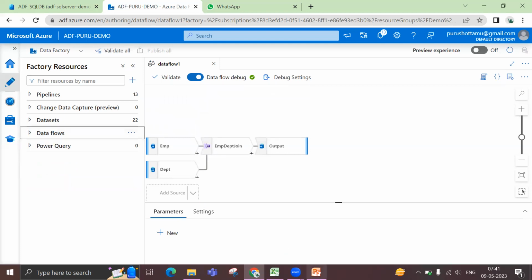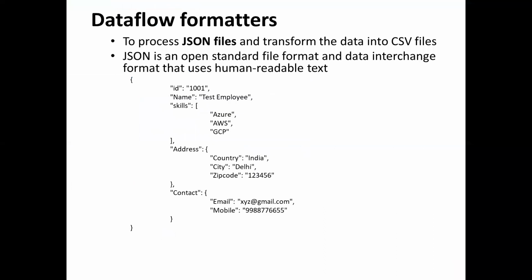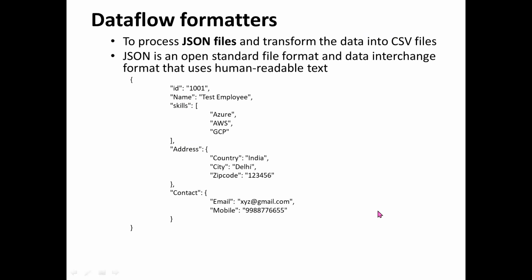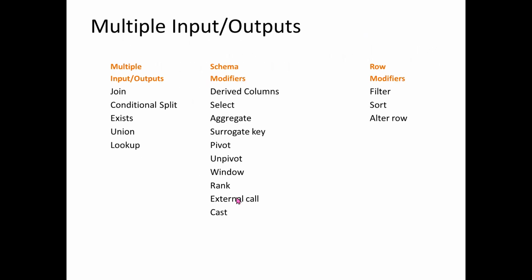Okay, so quickly today I will be covering the data flow formatters. We have been discussing the different actions available, the different input and output formatters, and how the schemas can be modified by adding a new column, adding a surrogate key, and pivoting.